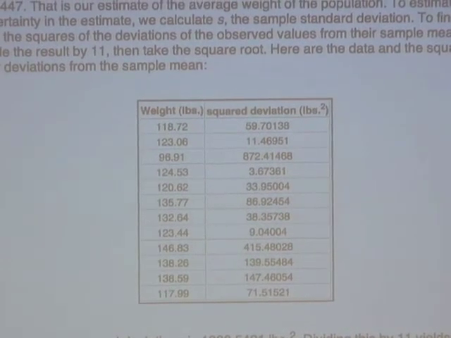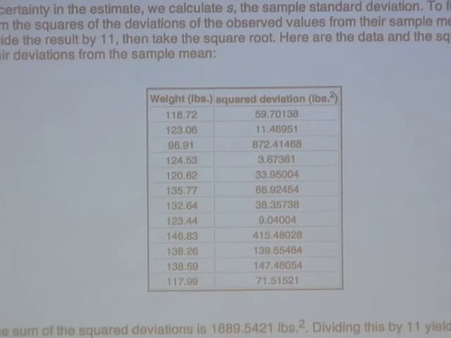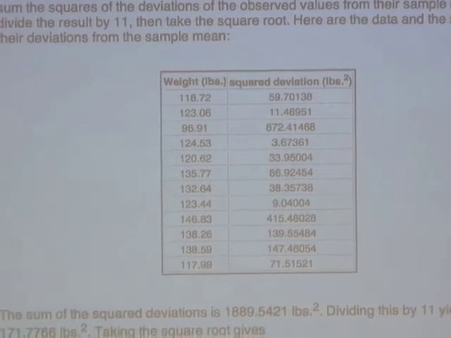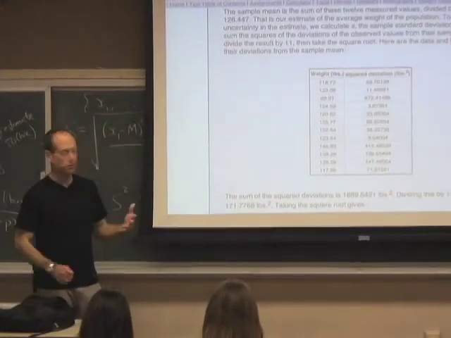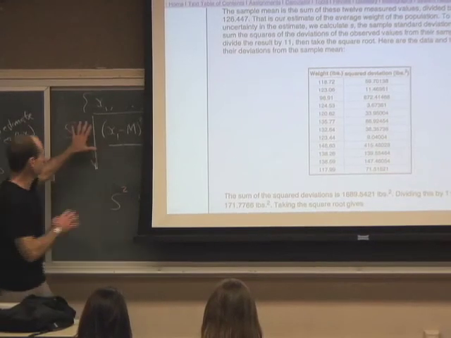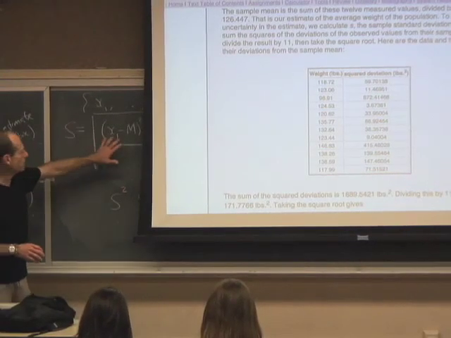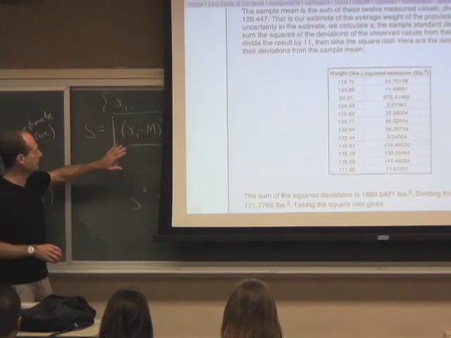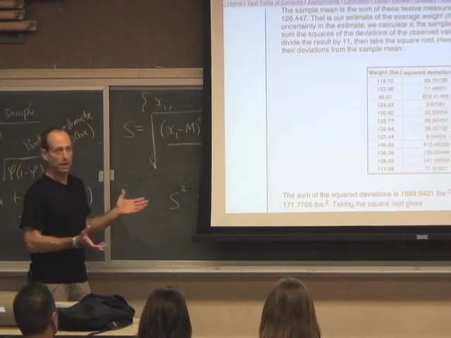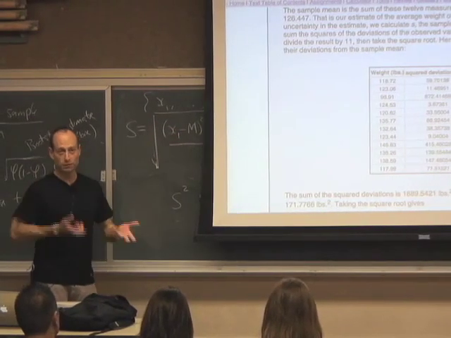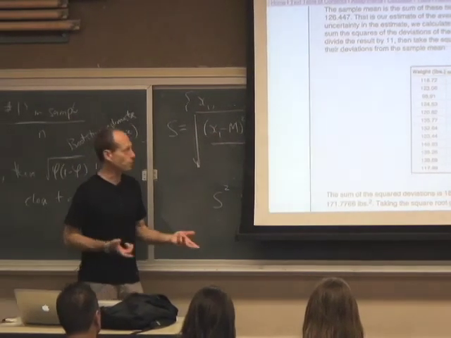Okay? So what would we do? We need to find the sample standard deviation, which involves doing this calculation that I've covered up. We need to take the sum of the squares of the residuals between the data and the sample mean. Divide that by the sample size minus 1, 11, and then take the square root of the result.